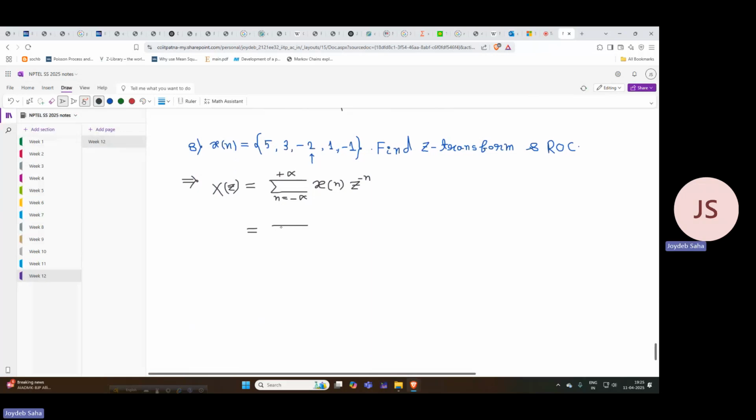We can write it as the sum over n equal to minus 2 to plus 2 of x of n z to the power minus n.